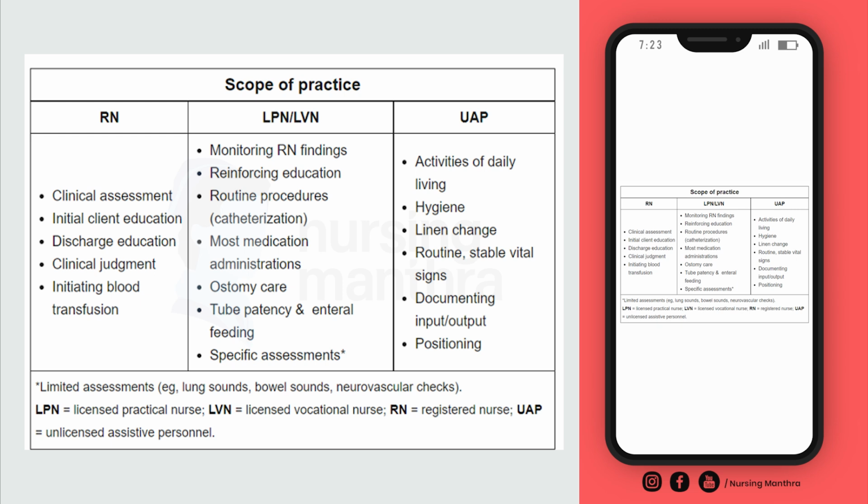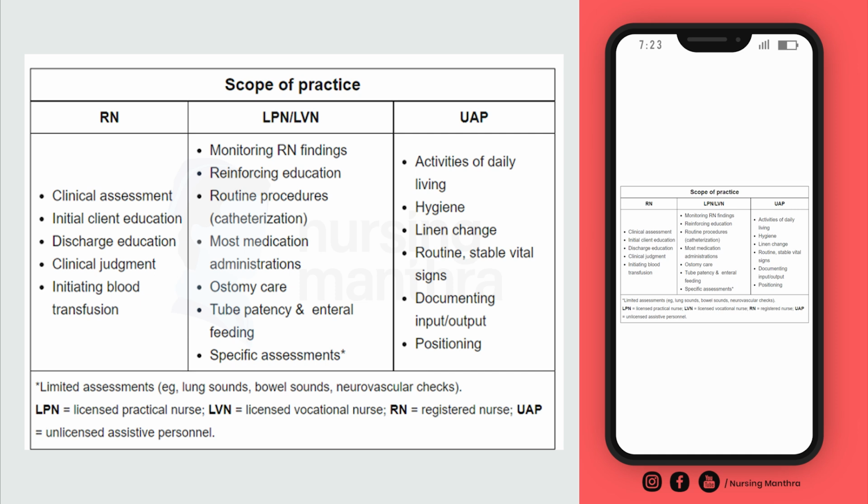Most medication administrations they can perform. Ostomy care, tube patency, enteral feeding, and specific assessments can also be done by the LPN. Limited assessments like lung sounds, bowel sounds, and neurovascular checks are all limited assessments.